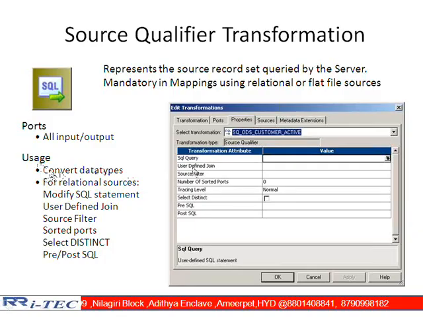Next is usage. What is the advantage of the source qualifier? It is useful to convert data types. If you want to convert one data type into another data type, you can convert it. And one more point is here. In our Oracle database, I have the number data type available, right? But Informatica doesn't know what number is.